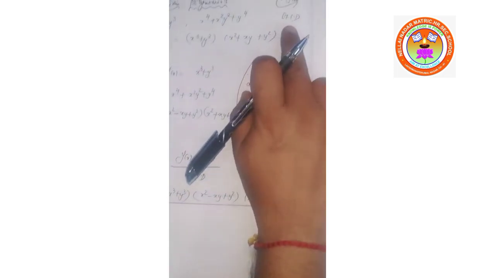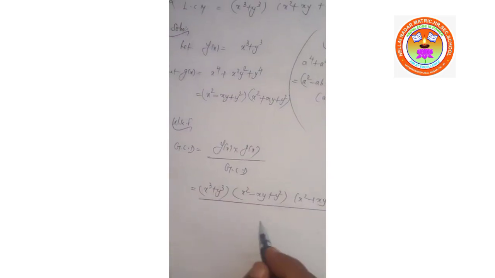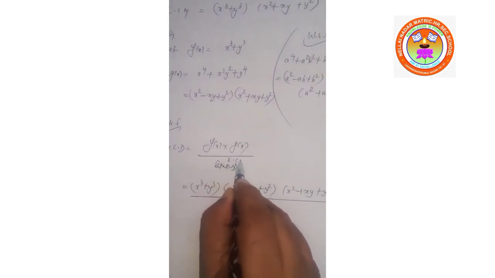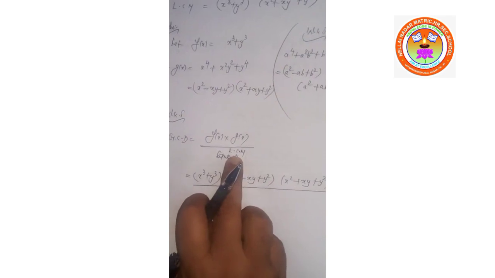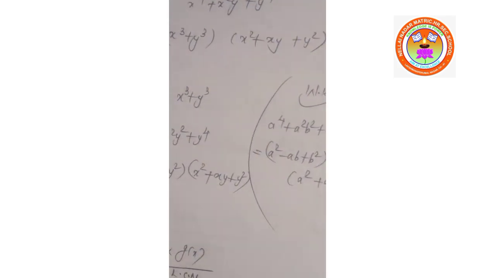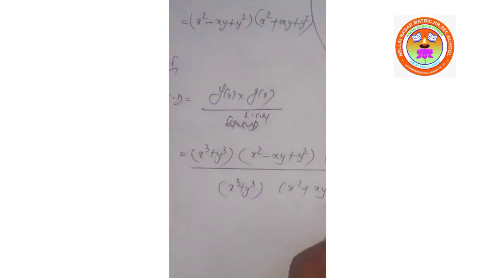GCD here. Oh, sorry, by mistake I have written that this is LCM. LCM that is given here is (x cube plus y cube) into (x squared plus xy plus y squared).